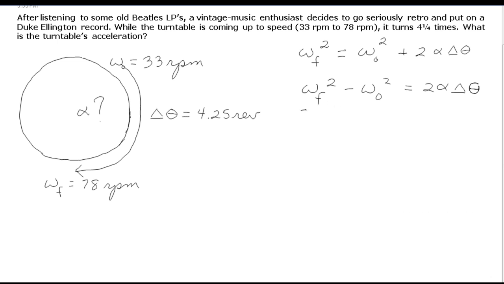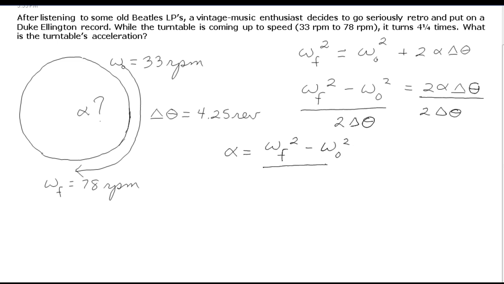So let's divide by 2 delta theta on both sides. And I think I'll go ahead and rearrange it into the standard format where we lead with the unknown. So I'm going to rewrite it as alpha equals omega final squared minus omega original squared divided by 2 delta theta.